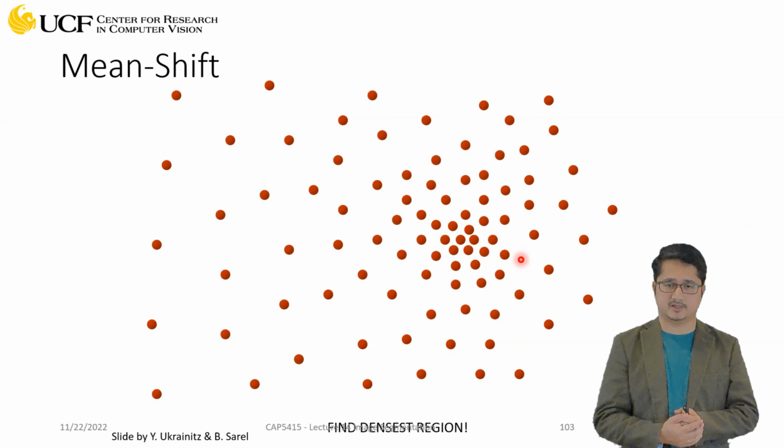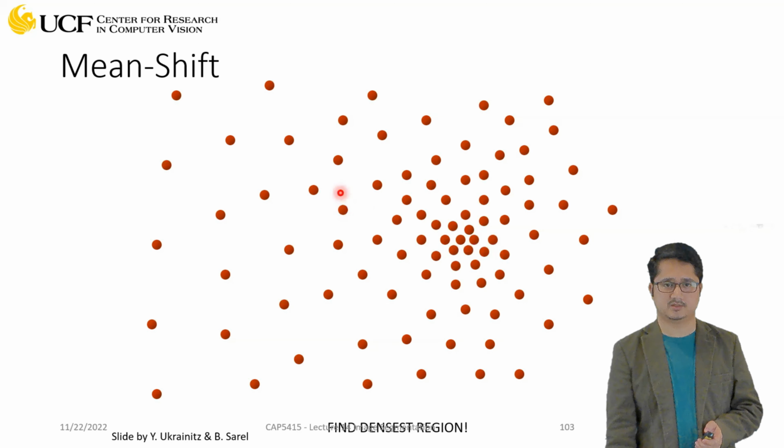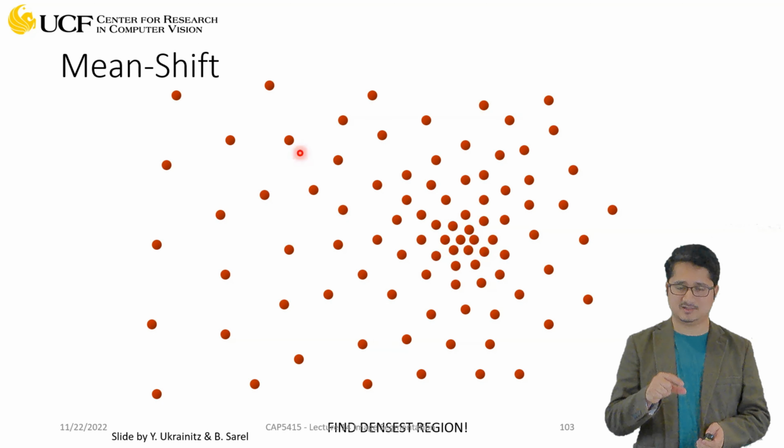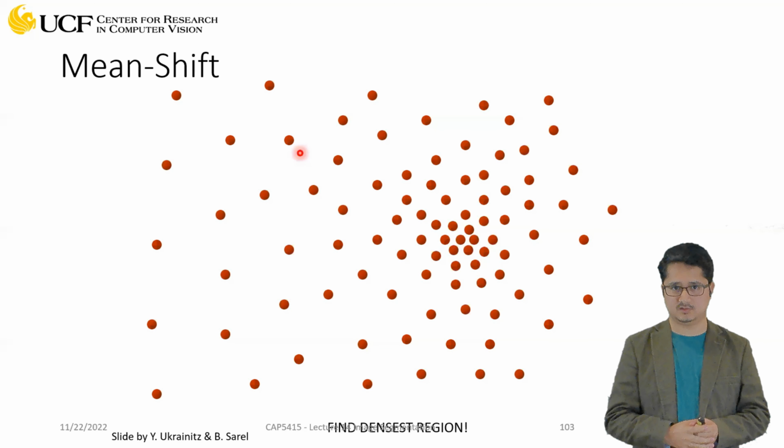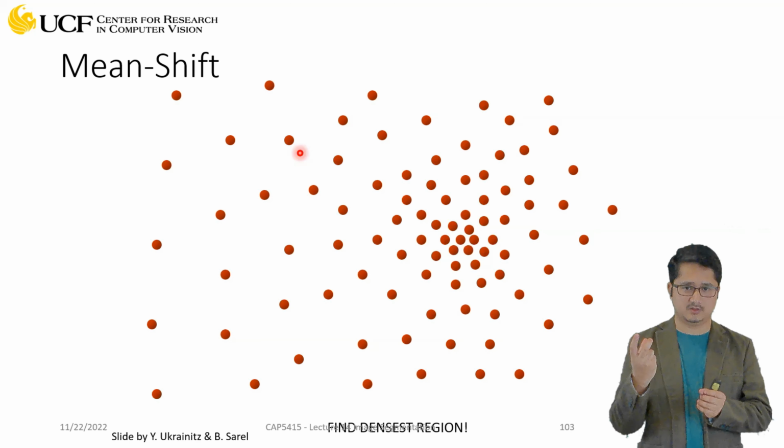So again, these are your sample points. And what we do is we again start from some random location, and we try to find the mode from the data.